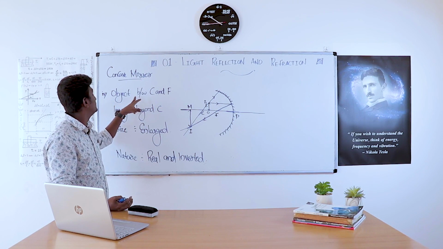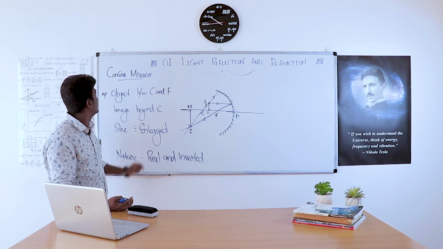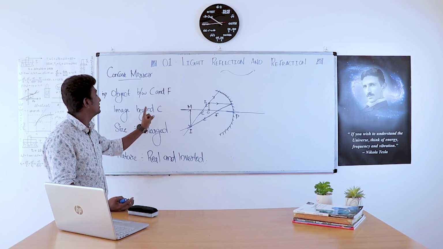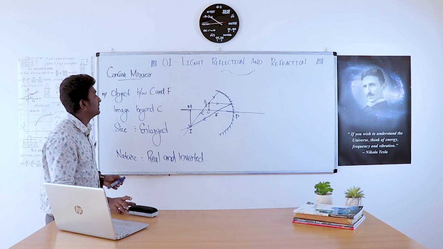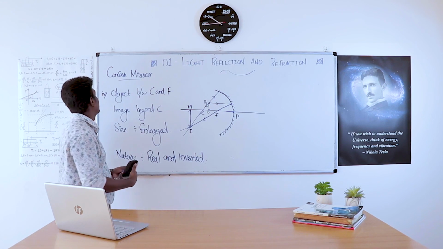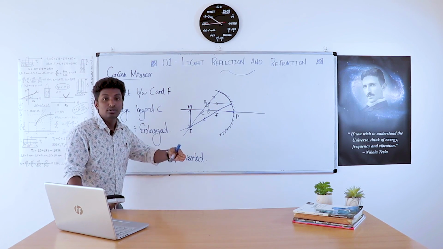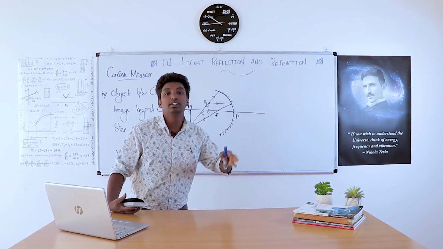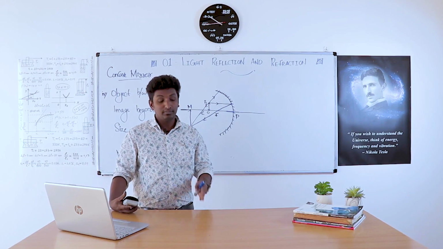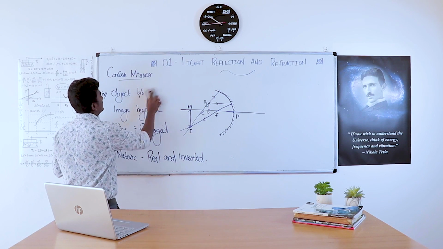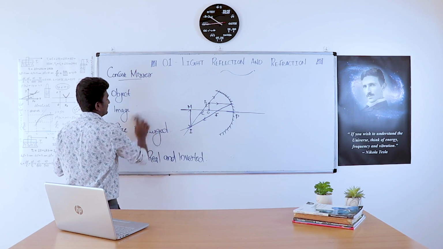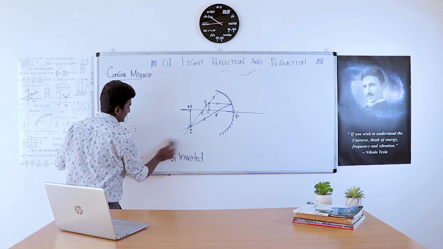That is, object between C and F, then image beyond C, size is enlarged, and the nature of the image is real and inverted. This is the fourth case. So when the first case is reversed, we got the second one. When the third case is reversed, we got the fourth one. Now we are moving to the fifth case.